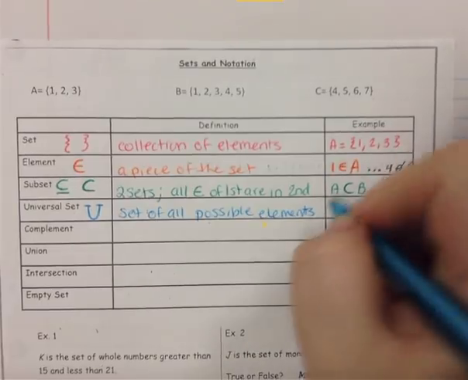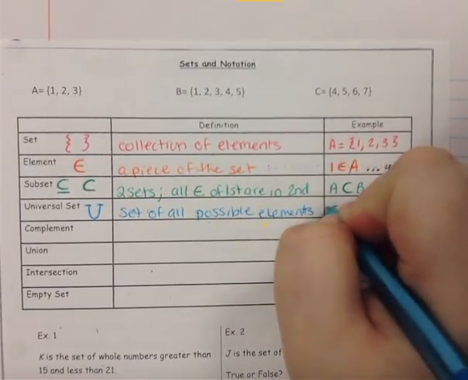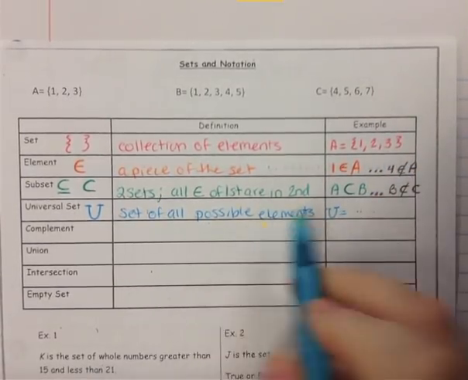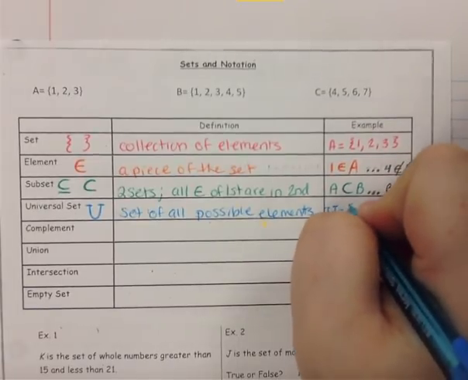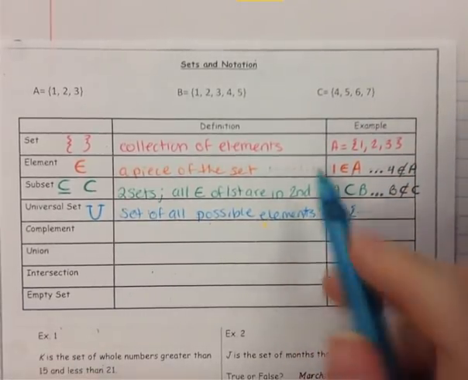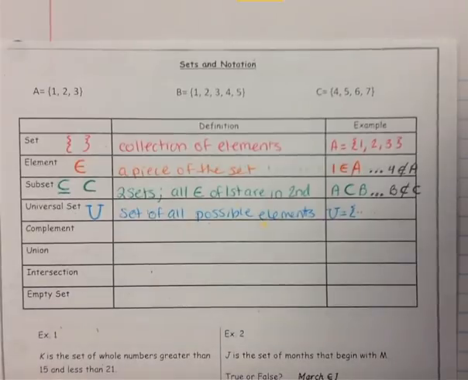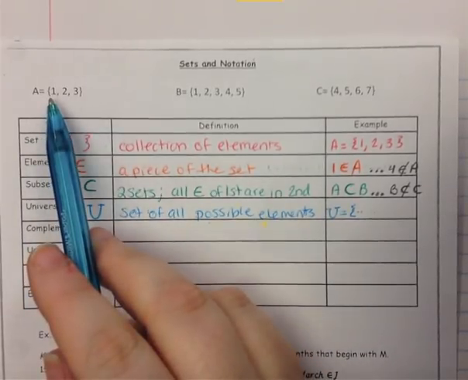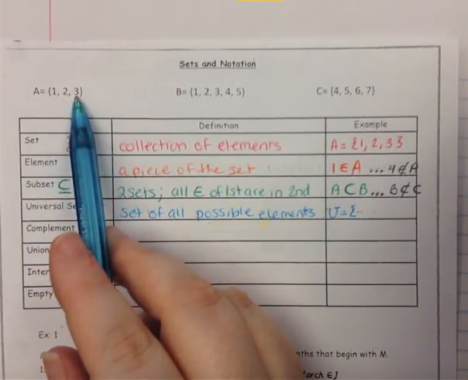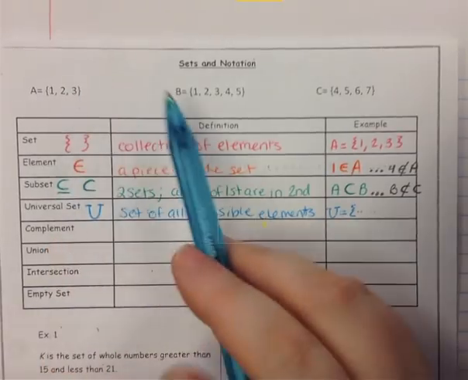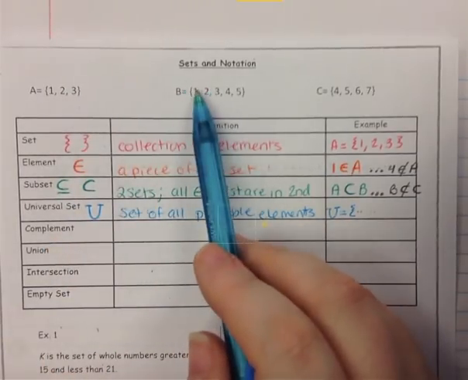So we would write out that the universal set, U equals, since it's a set, we have to open up that squiggle bracket. And now we're going to write all the numbers that are a part of these sets. 1, 2, 3 are in set A, and we don't have to write that again.